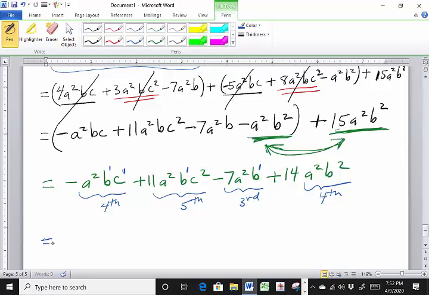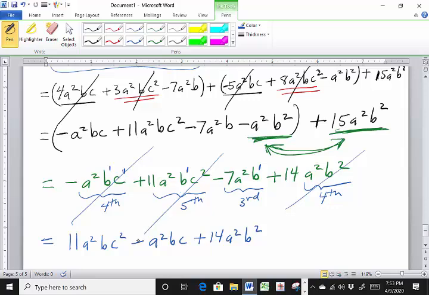All right? So we have to write this one first, 11a squared bc squared. Okay? Now the 4th degree, there's no priority here, so I'll just write minus a squared bc, and then plus 14a squared b squared. All right? So I took care of this one, and this one, and this one.